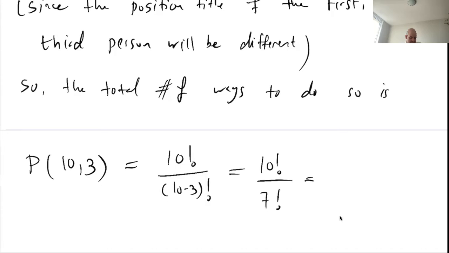And that's going to be, so 10 factorial, I can write as 7 factorial times 8 times 9 times 10, divided by 7 factorial. 10 factorial means 1 times 2 times all the way to 7 times 8 times 9 times 10. So 1 times up to 7, I can write as 7 factorial, and then times 8 times 9 times 10. And then this cancels with this.